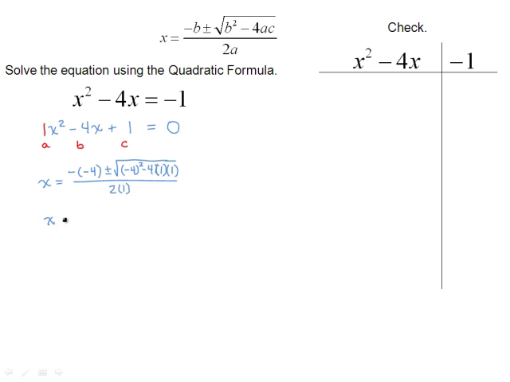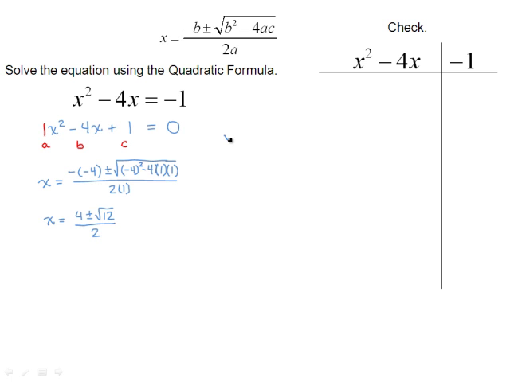So that gives us x equals 4 plus or minus the square root of, let's see, we would have negative 4 squared, which is 16, and 4 times 1 is 4, so 16 subtract 4 would give us 12. All of that divided by 2. Now the square root of 12 can be simplified.